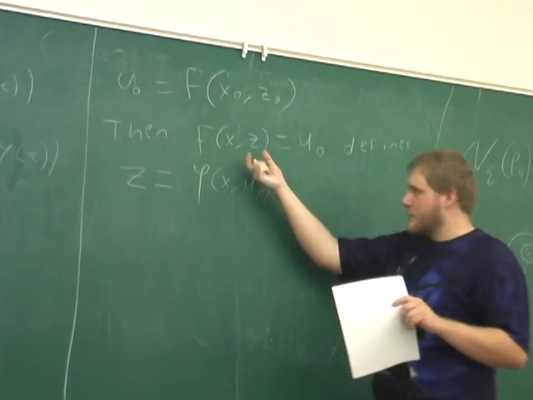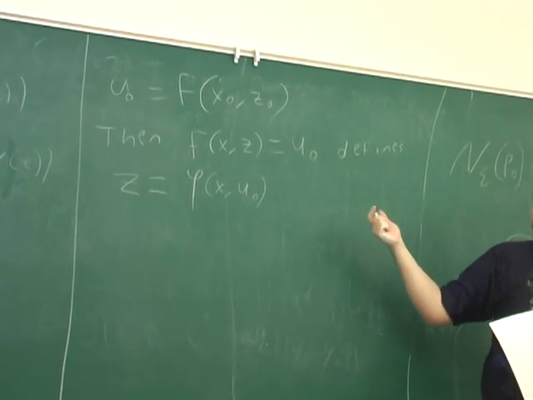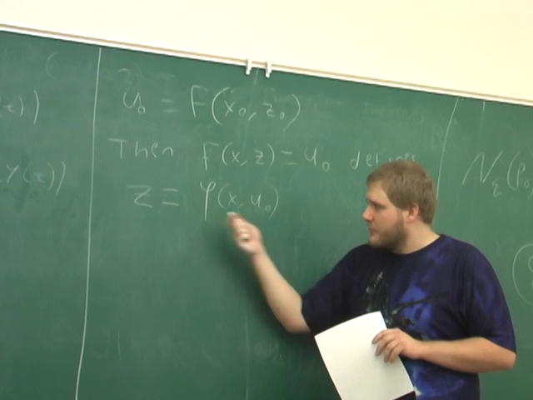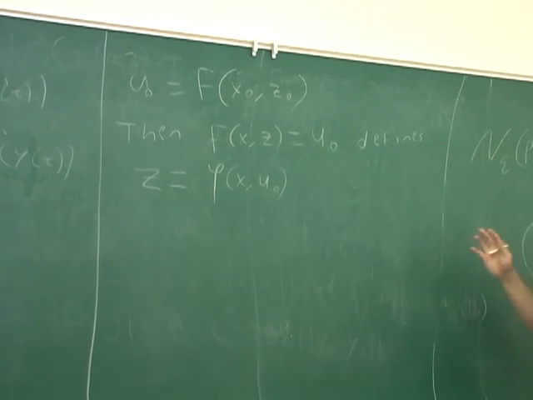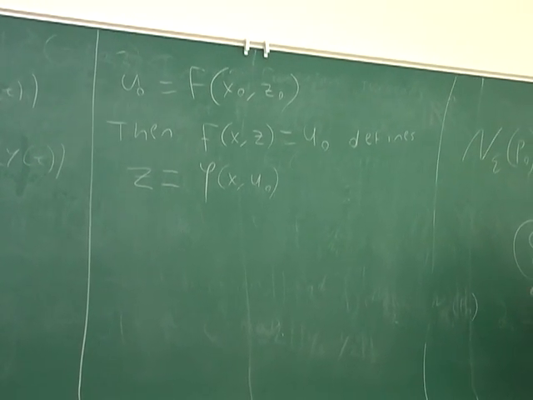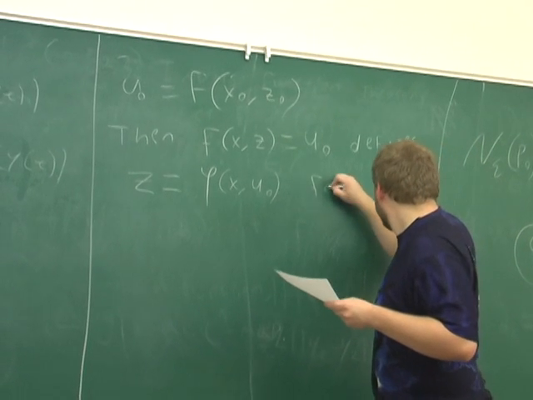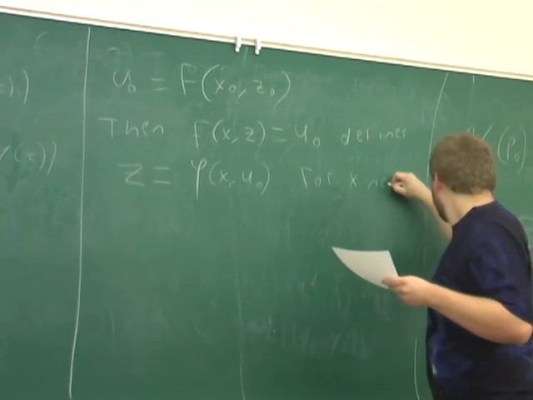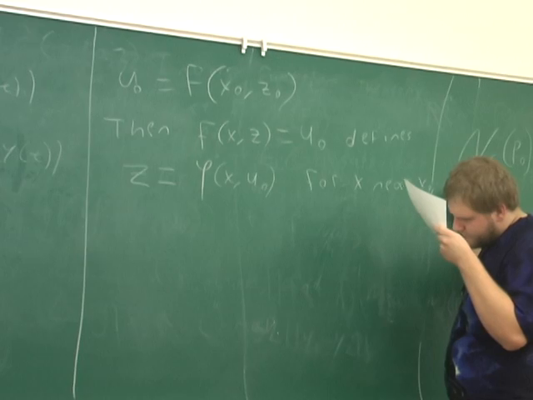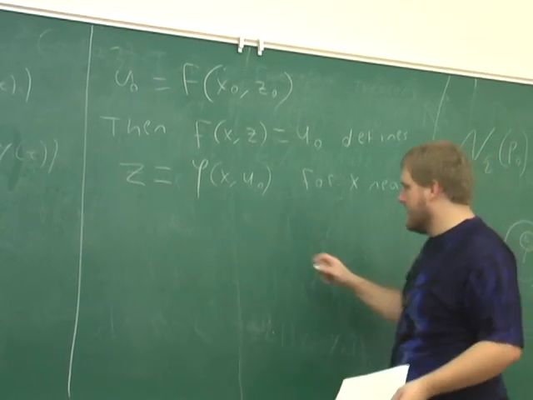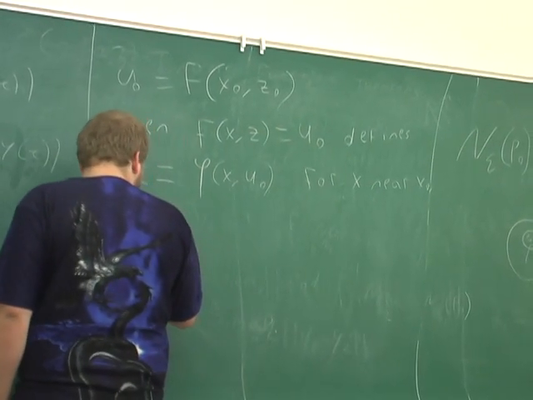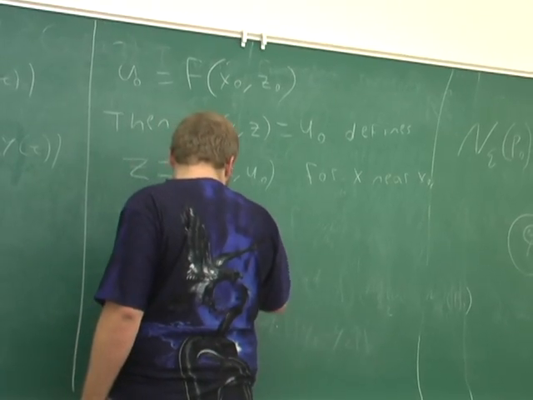It defines, right, we can solve this equation in some sense for the z variable. We can rearrange it, and that's the use of this, for x. And then this phi is also a CK map.